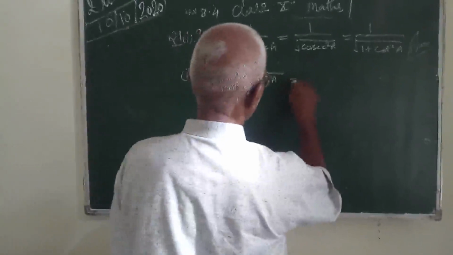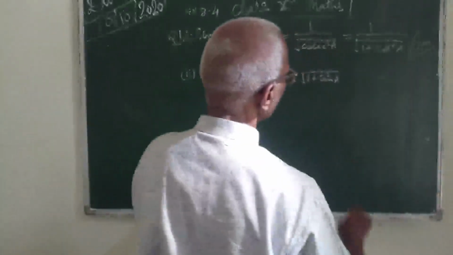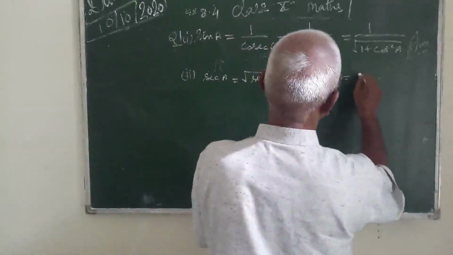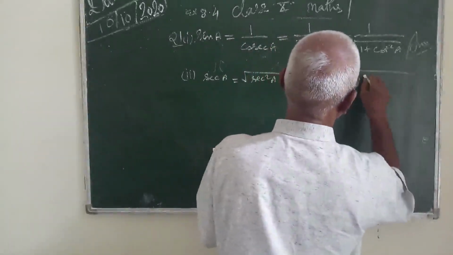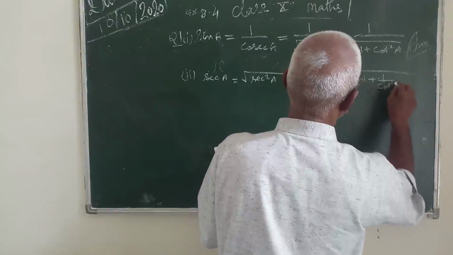It is 1 plus tan square A. Tan is 1 upon cot. So it can be written as 1 plus 1 upon cot square A.